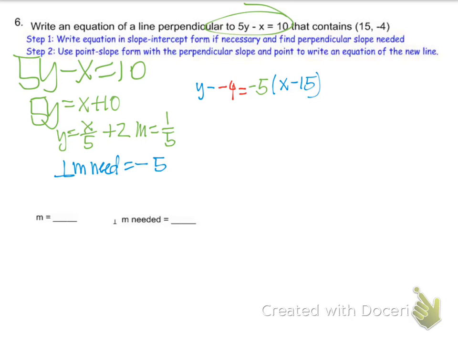Get this in slope-intercept form, so I'm going to want to make that a plus. So y plus 4 equals -5x plus 75. So y equals -5x plus 71. So the slope that I had was 1/5. The perpendicular slope I needed was -5. That's the thought process that you're going through whenever you do these kinds of problems.